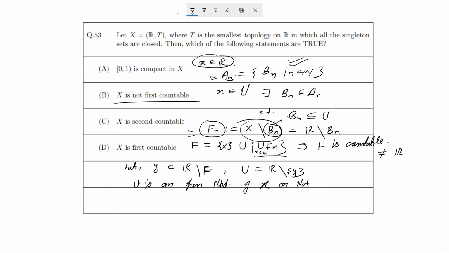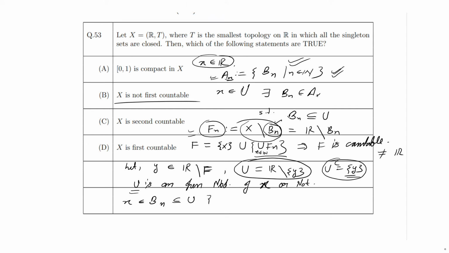Now clearly we can see that the complement of U is a singleton, meaning finite. This implies that U is open, and since only the element Y is not in U, this implies that X belongs to U. So U is an open neighborhood of X, meaning U is an open set containing X. Okay, so now we have to search whether from this family AX that we defined, there is any set Bn such that X belongs to Bn and which is contained in U. Is this thing possible or not?